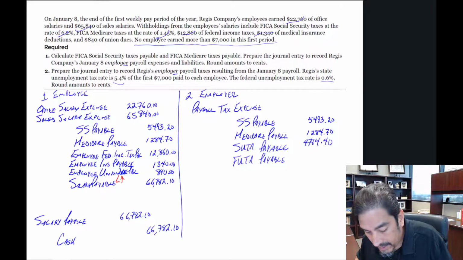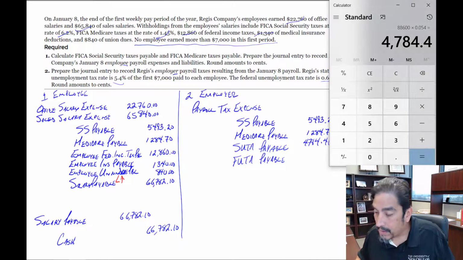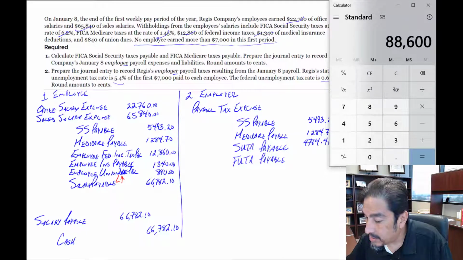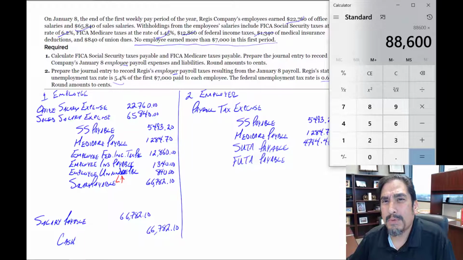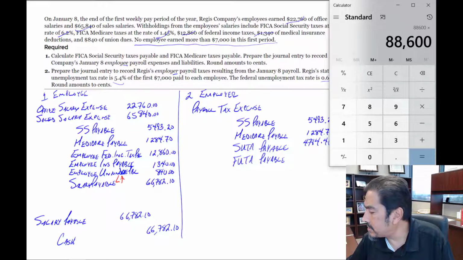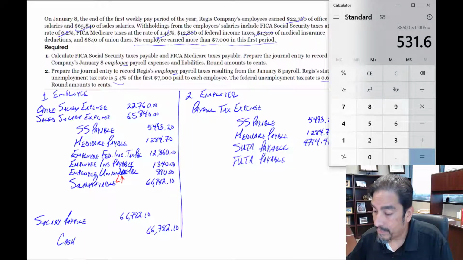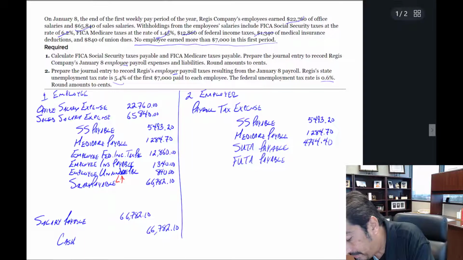That's SUTA. And FUTA is the same 88,600 times 0.6%. So converting that to a decimal is 0.006. $531.60.